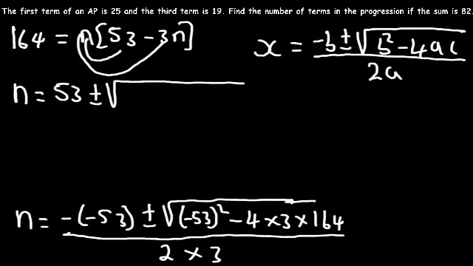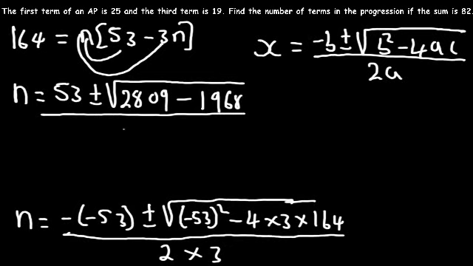Let me put that into my calculator. That's 2,809. We are subtracting from it 4 times 3 times 164, that's 1,968. And we are dividing by 2 times 3, that's indeed equal to 6.